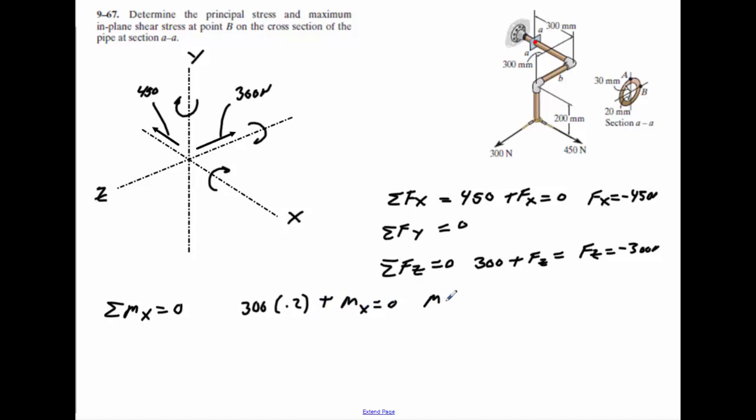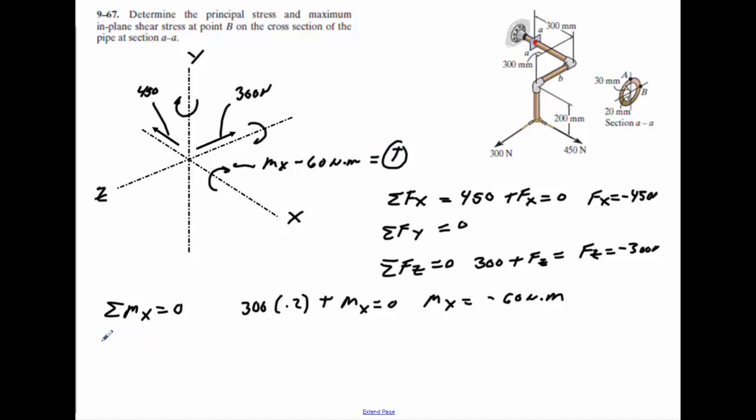So we get Mx in this case would equal negative 60 newton meters. So we come back here and we'll call this our Mx of minus 60 newtons times meters. You can tell right now that's going to cause a torque around this. So we could just say that's equal to the torque.